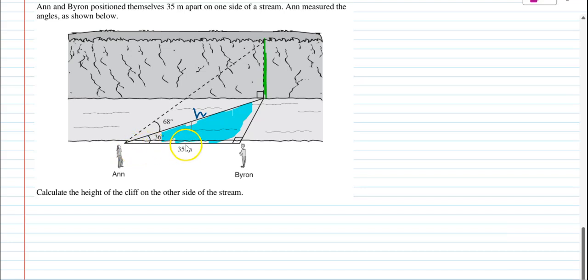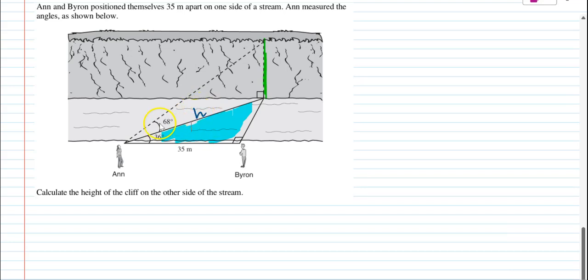We have the adjacent side value to that angle, so we can easily find the hypotenuse using one of the trig ratios. Once we have this, then we look at the second triangle, where Anne is looking out and creating that triangle with the angle of elevation of 68 degrees. We're going to use the hypotenuse that we just found.